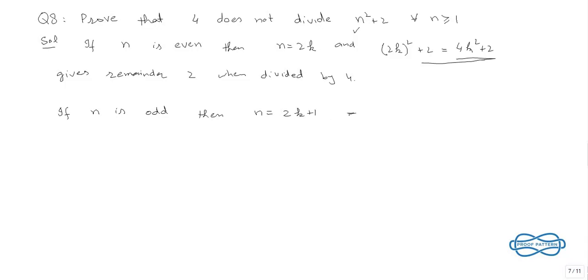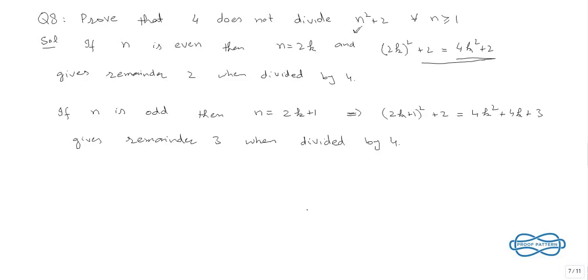This means instead of n squared, if we put (2k plus 1) whole squared plus 2, after the evaluation of the square, we get the final expression as 4k squared plus 4k plus 3, and that gives remainder 3 when divided by 4.